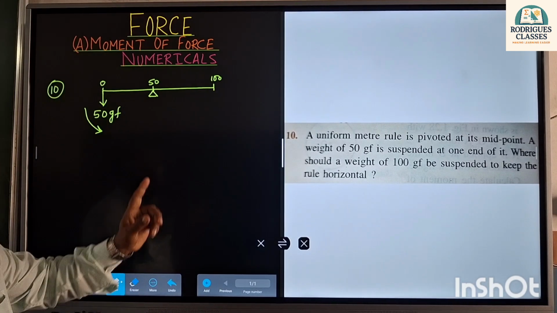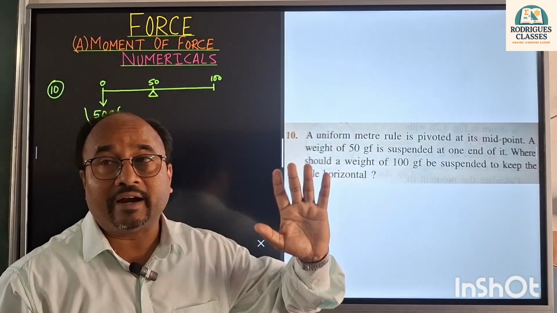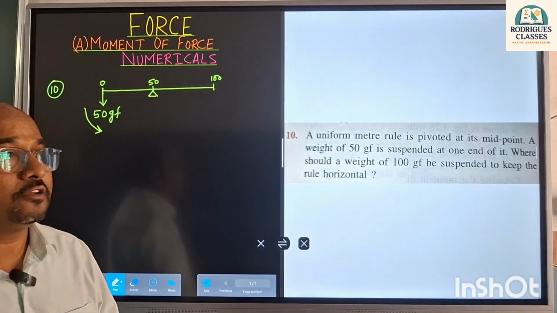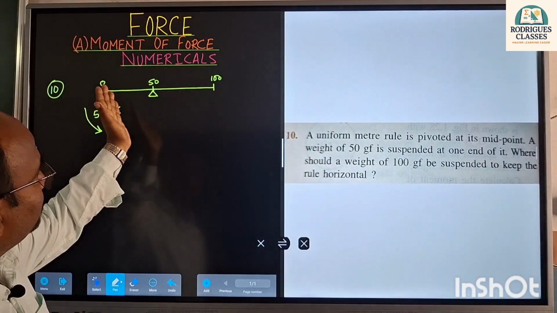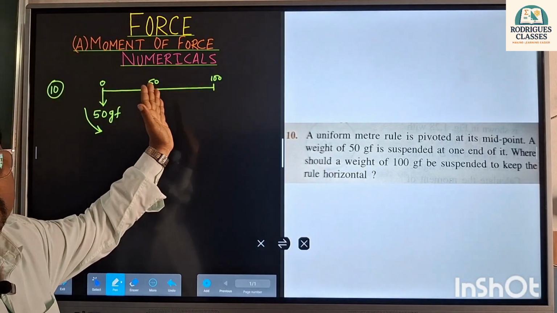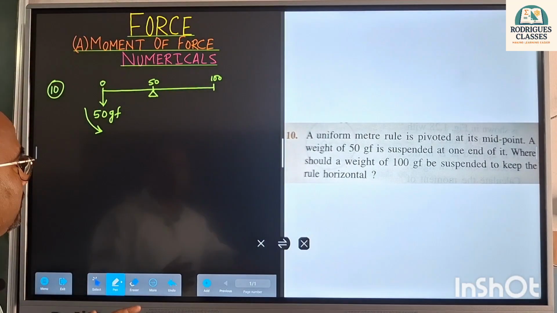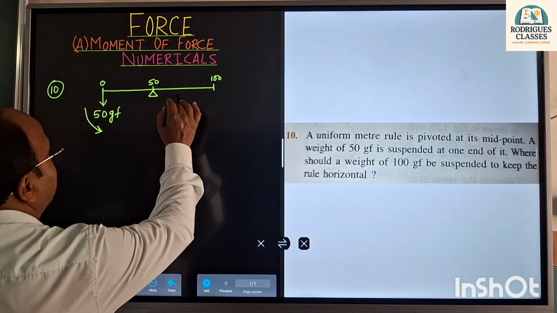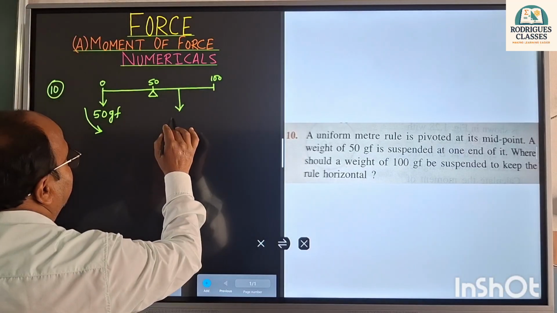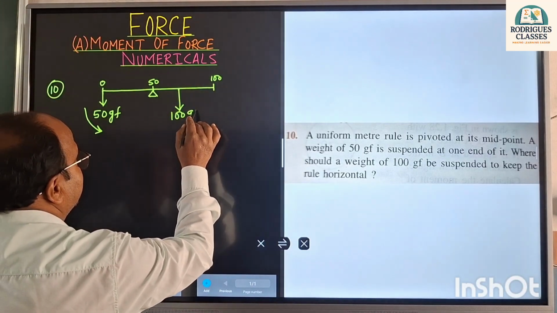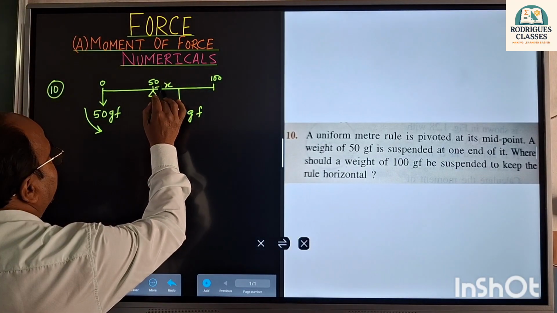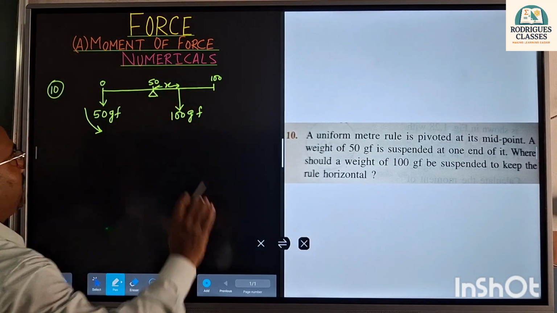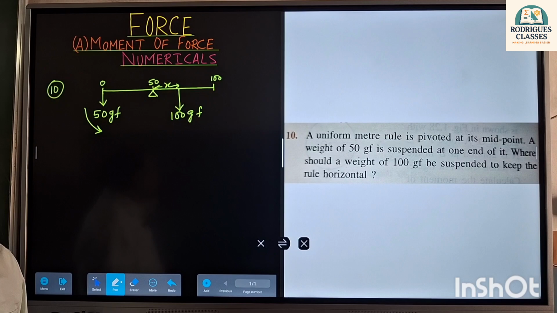Now we are asked where a 100 GF should be suspended. So we know already because of this weight it is getting tilted here. So it has to be suspended somewhere on this side only. So at any distance we can take that. So I am putting it here that 100 GF is suspended, and I will take it as suspended at a distance x on the other side of the pivot point.